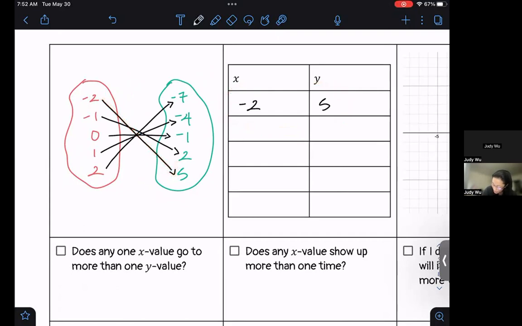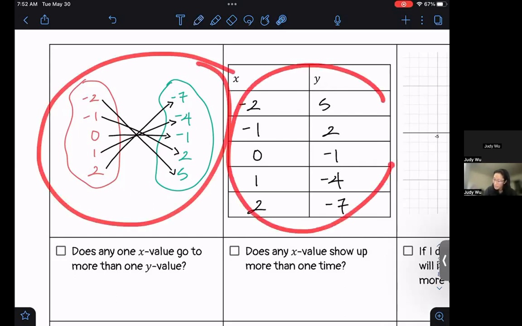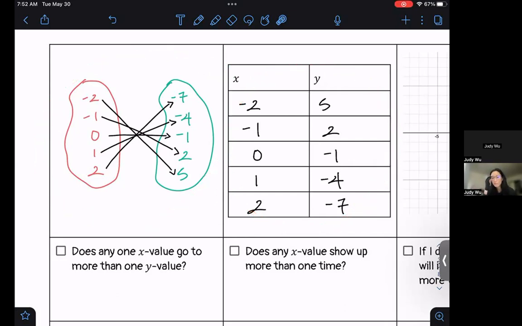If we keep going down our list, we get -1 goes to 2, 0 goes to -1, 1 goes to -4, and 2 goes to -7. All right, so now we've turned our mapping diagram into a table representation, two different ways of showing the same information.